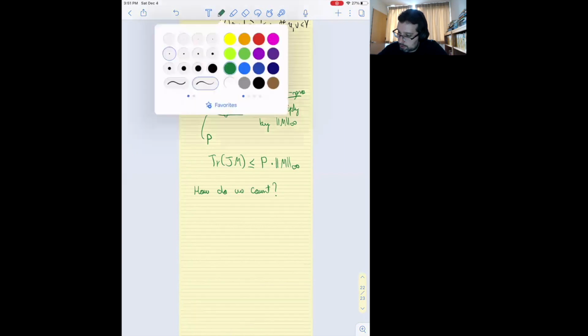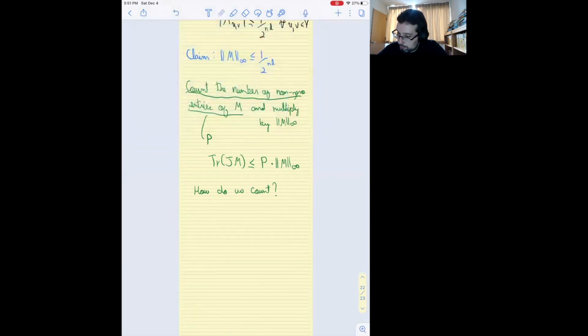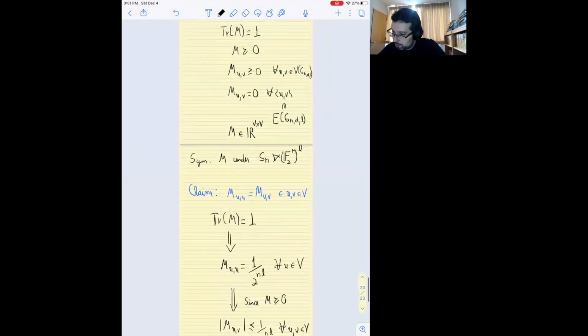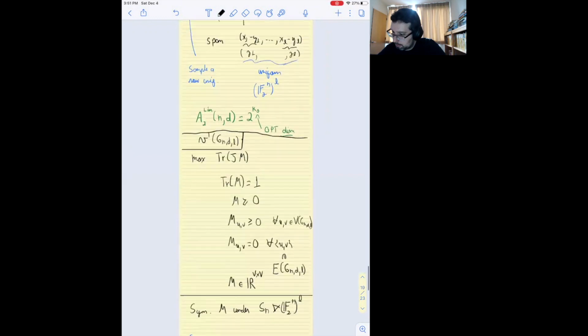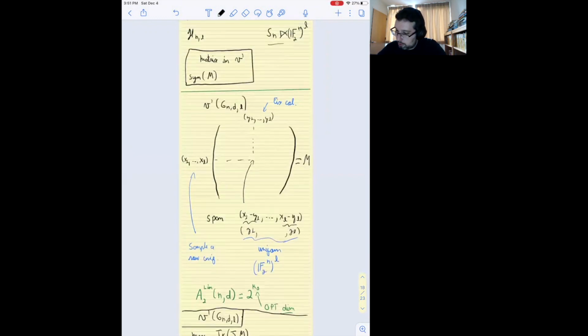First, let's not count directly the number of entries that are non-zero, but rather let's look at the difference here and understand whether it's going to lead to something that's non-zero.